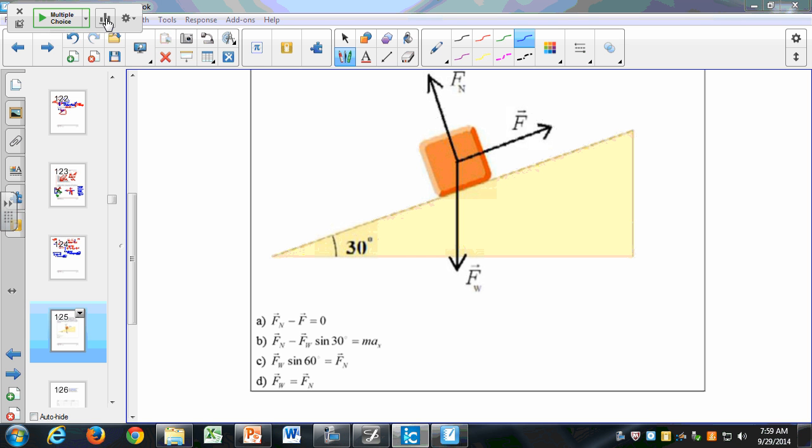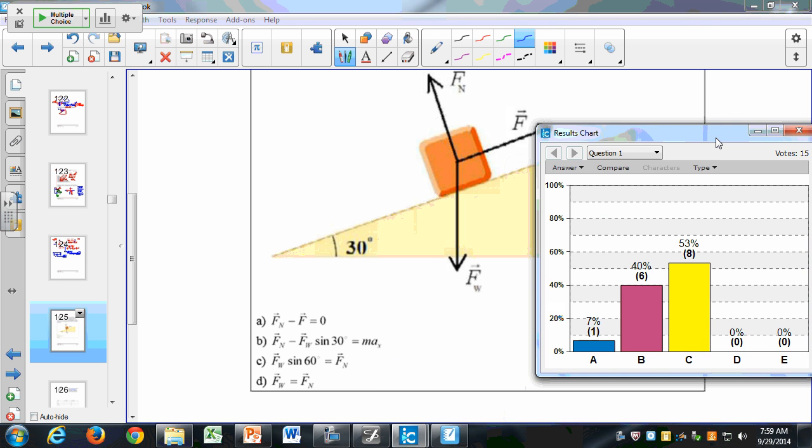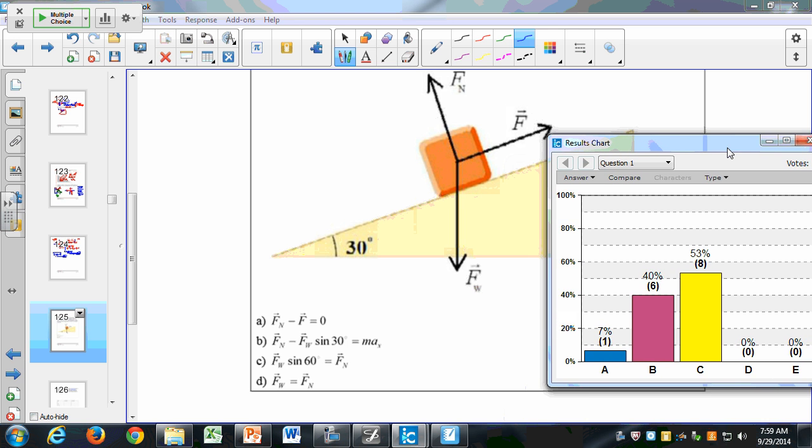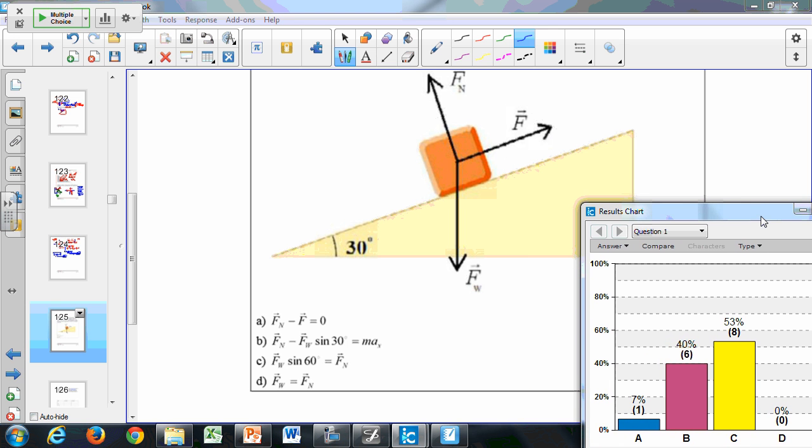Alright, so you could look back at what we've already done. Let's see, B and C. You're right that D is not the right answer, because if these are my axes, D says that the weight is equal to the normal force, but I know in fact that the normal force is equal to the y component of the weight, not just the weight.